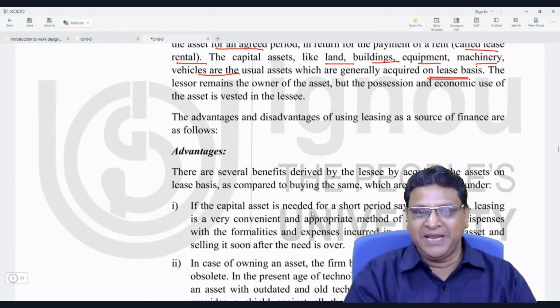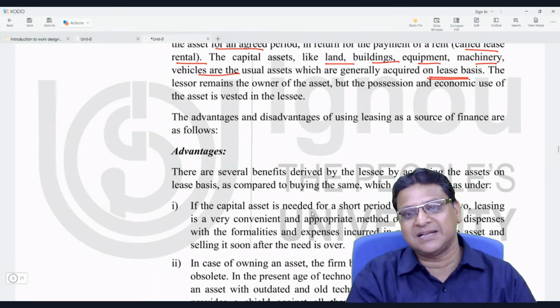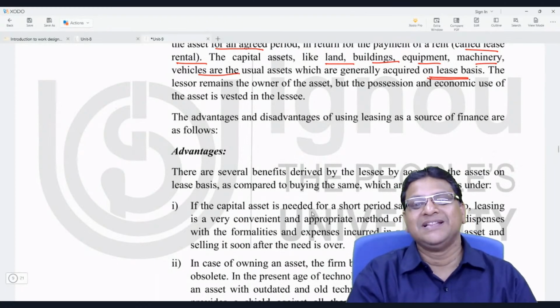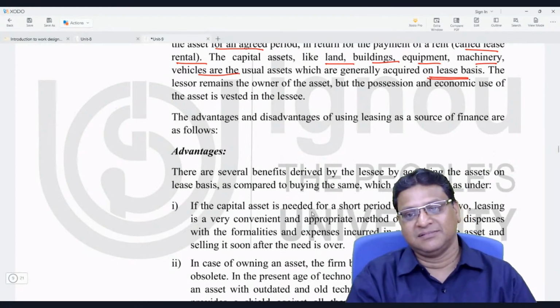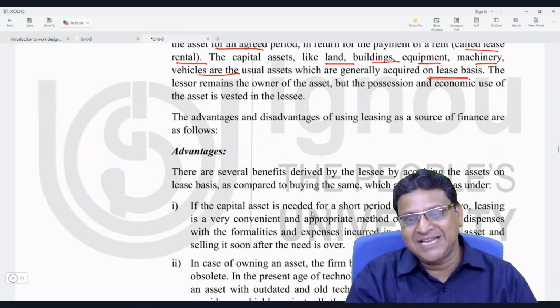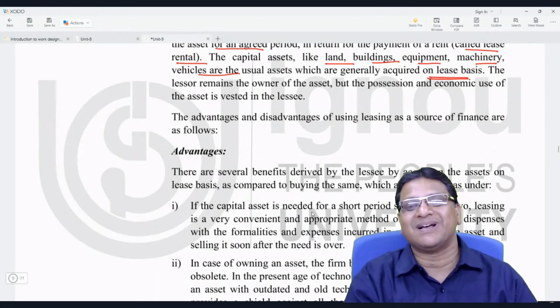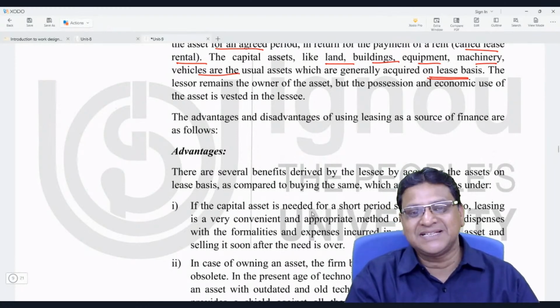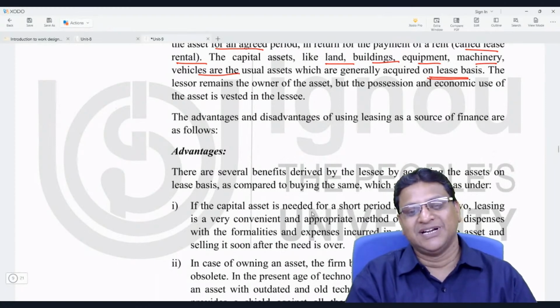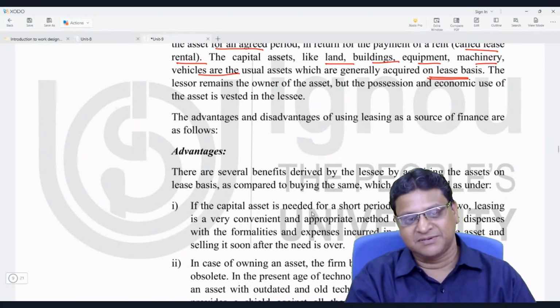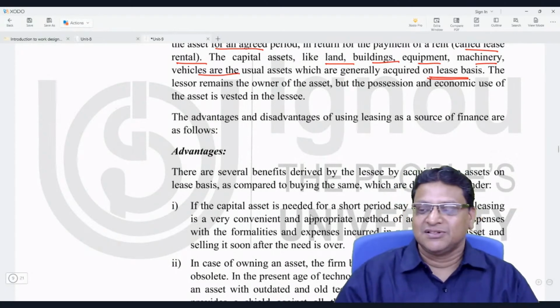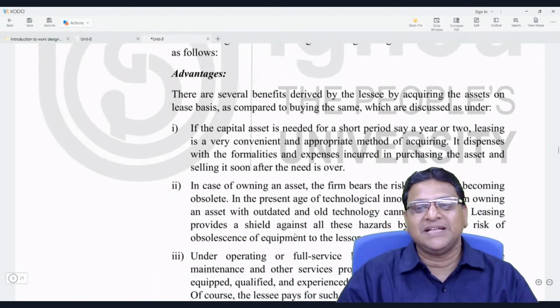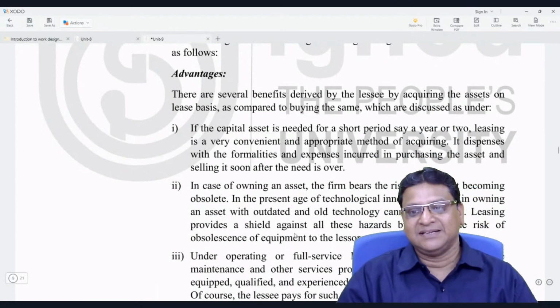The asset will be in possession of the lessee, but in the name of the lessor. The ownership lies with lessor, but the lessee has a right to use the asset. But lessee has to pay lease rental to the lessor. It is a way of financing different assets of the business. In this case, the finance is provided by the lessor to the lessee.